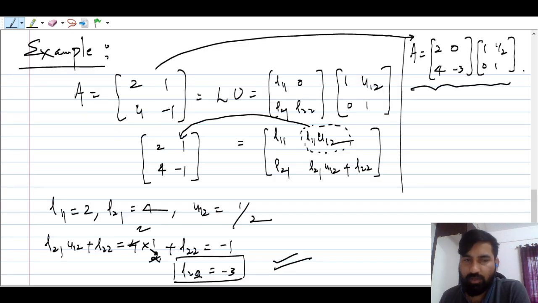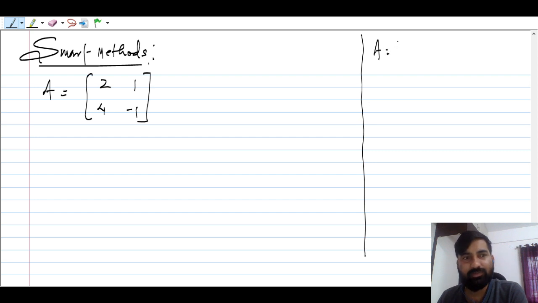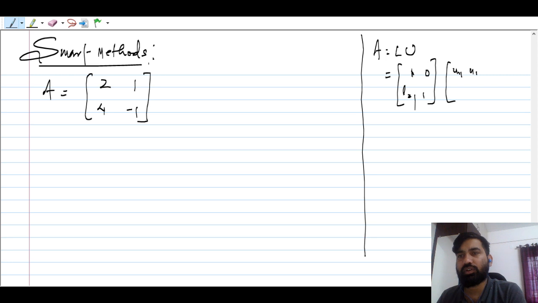So earlier, you see what we have done, it was very simple, right? In fact, you can also write this A matrix as L times U, which is nothing but 1 0, L21 1 for L, and U11, U12, 0, U22 for U, right?